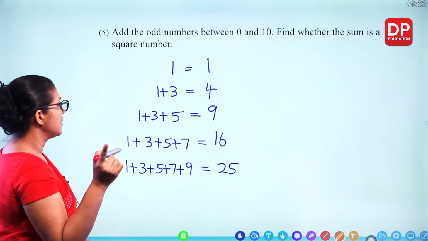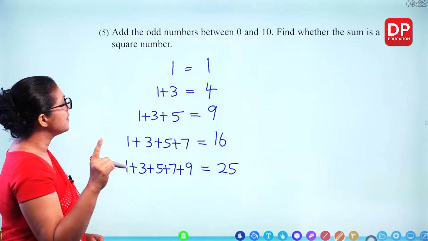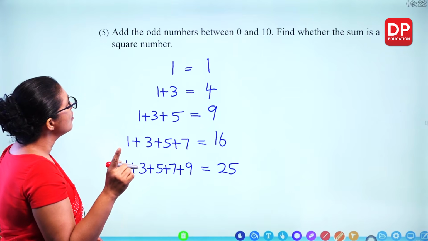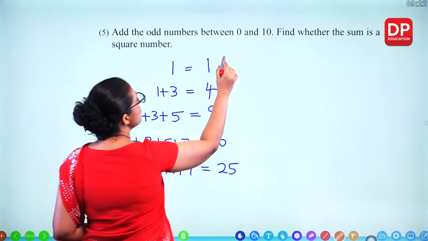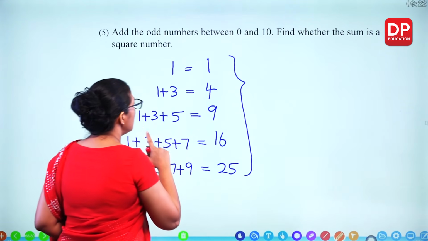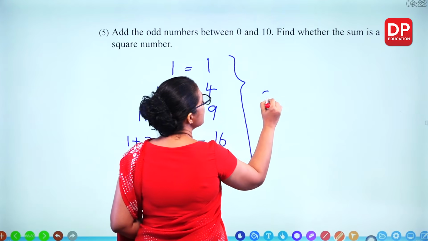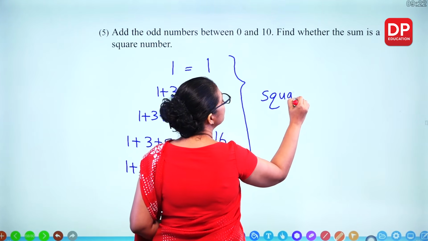And you can't take the next odd number, that's more than 10. So we can see when you add odd numbers, you get square numbers.